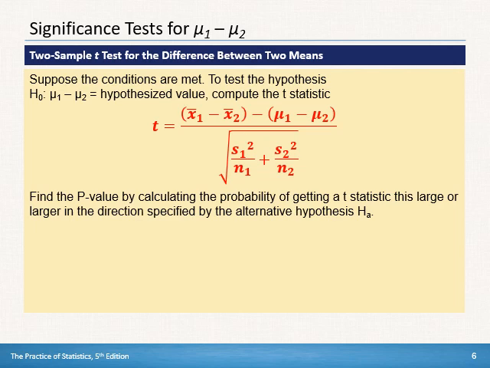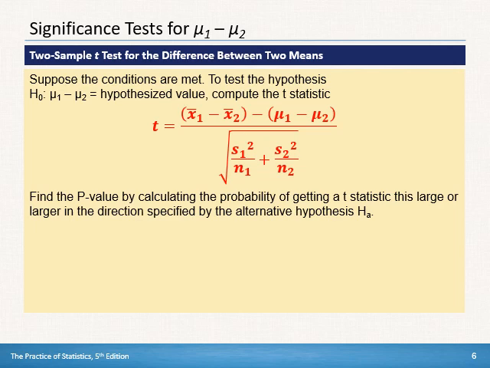Again, more often than not, that mu sub 1 minus mu sub 2, the hypothesized difference in the means, is going to be 0. Doesn't always have to be, but often it's going to be 0. But in general, you can see this formula is getting more and more complicated, and so we're going to suggest that you run the significance tests using your Texas Instruments calculator.